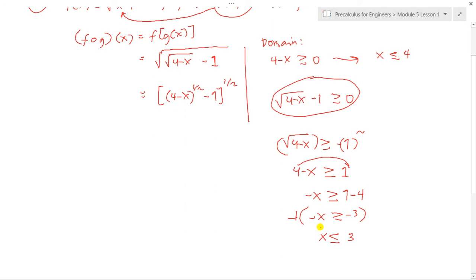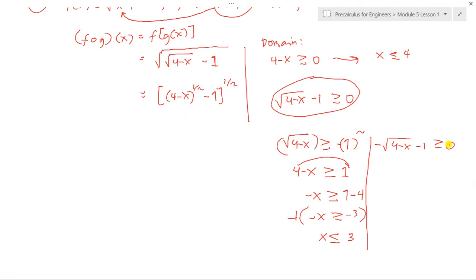But actually, if we take the principal root of the square root of 4 minus x, since this is a square root, we can also say that the negative of 4 minus x minus 1 should be greater than or equal to 0.